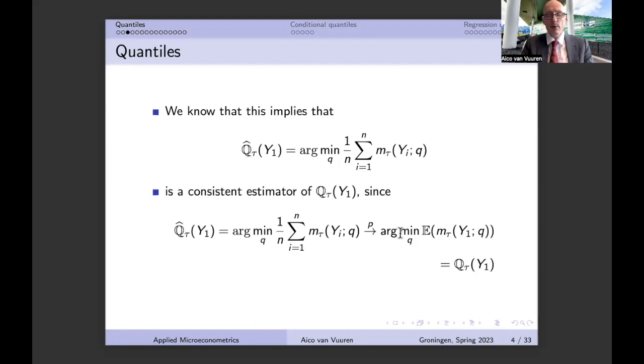And what we have here at the right is exactly equal to the quantile that we wanted to estimate. So therefore, if we define this estimator as being this thing that we have here at the right-hand side, it is not so difficult to understand that this Q hat is going to be a consistent estimator of the Q that we have over there.